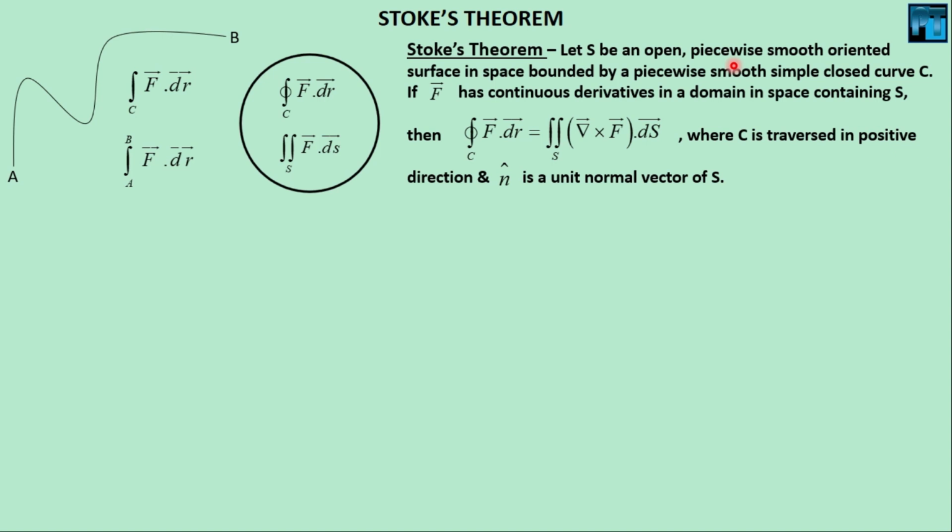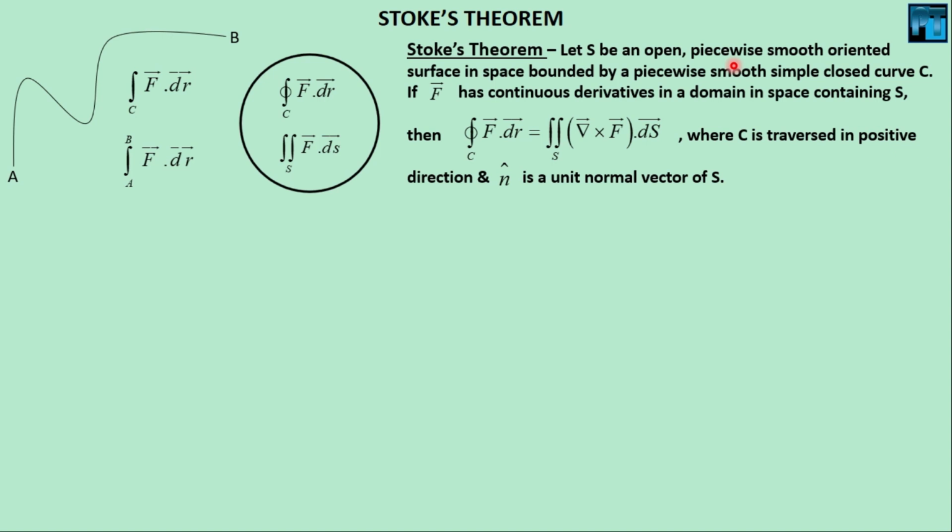Why piecewise smooth? What does it mean? It means that it consists of finitely many smooth curves. For example, let's take the boundary curve of a square.